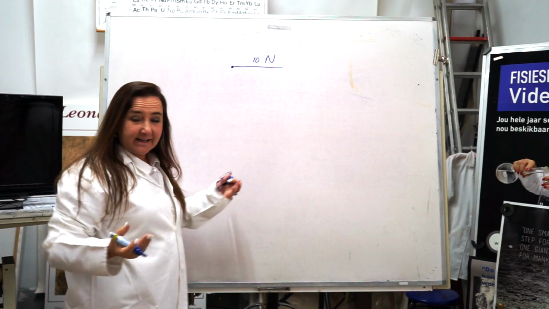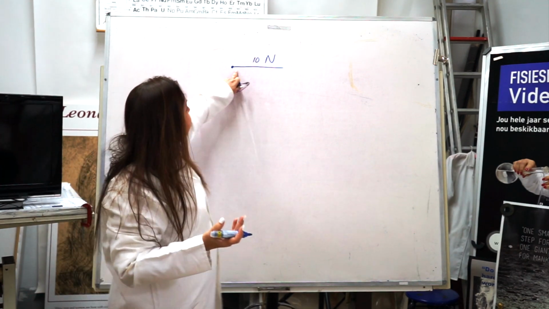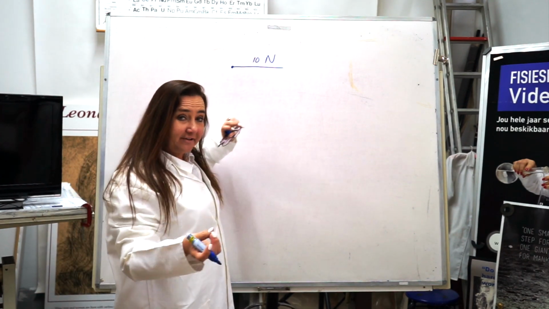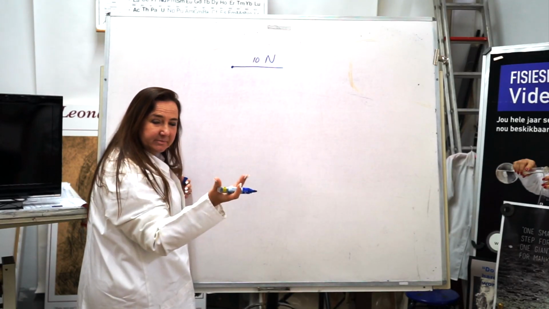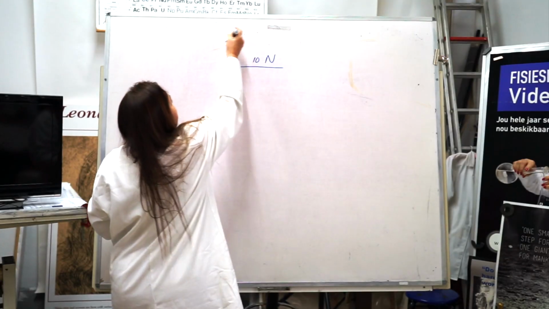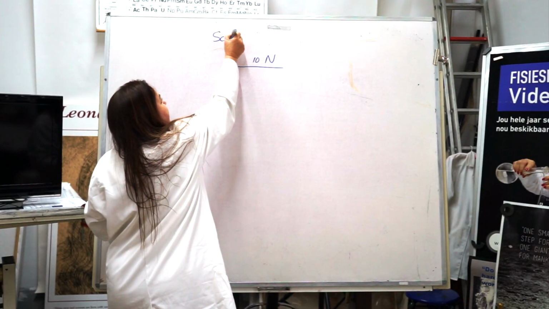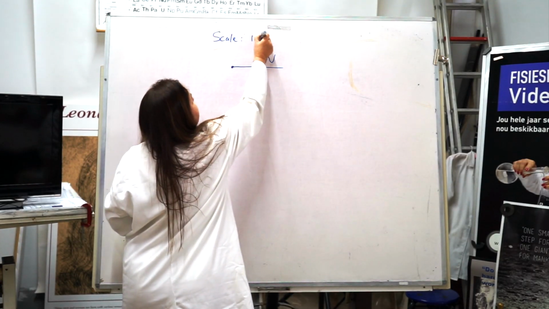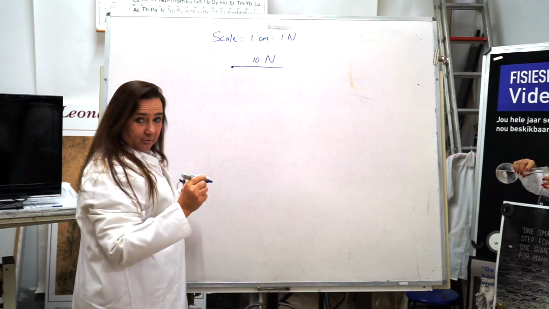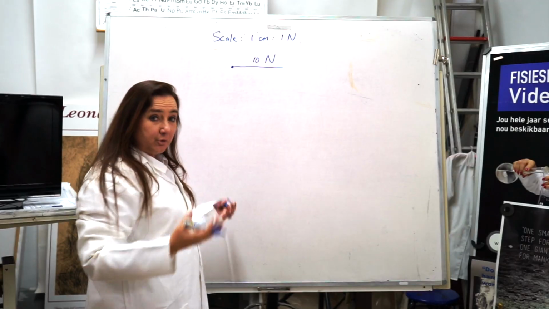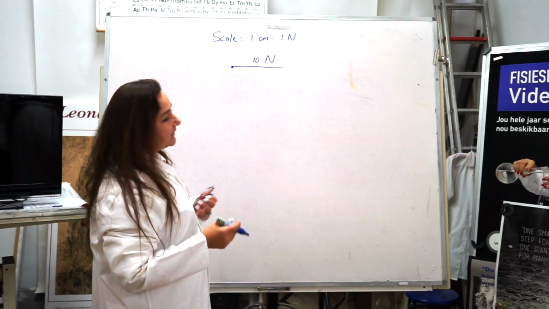I could even do it graphically, where I measure it as 10 centimeters with a scale of 1 centimeter equals 1 newton. If they want you to draw it by scale, you can do it like that.